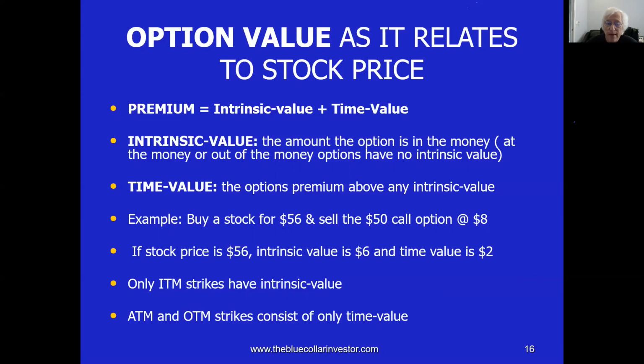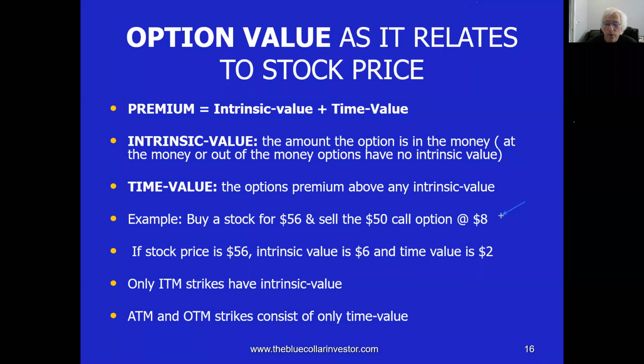Well, if we counted all of that as profit, we would be exaggerating our returns because we're going to be losing $6 on the sale of the stock. So if we generated an $8 premium when we sold that option, an $8 premium, by the way, would be a typical premium, of that $8, $6 we would lose on the sale of the stock.